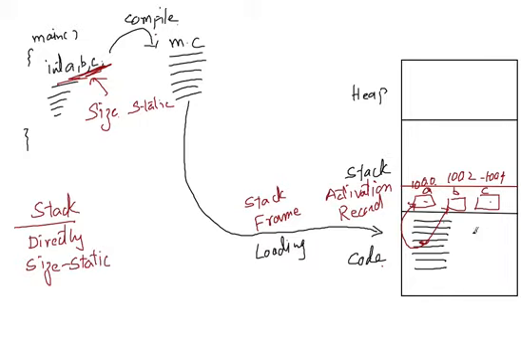How much memory is required for running the program is pre-decided by the compiler. Whatever variables we declare, the memory for those variables must be allocated here. So this is about the stack. Two important things about the stack: stack memory is directly accessed by the program, and the size of the stack memory is static. Now let us go to heap.